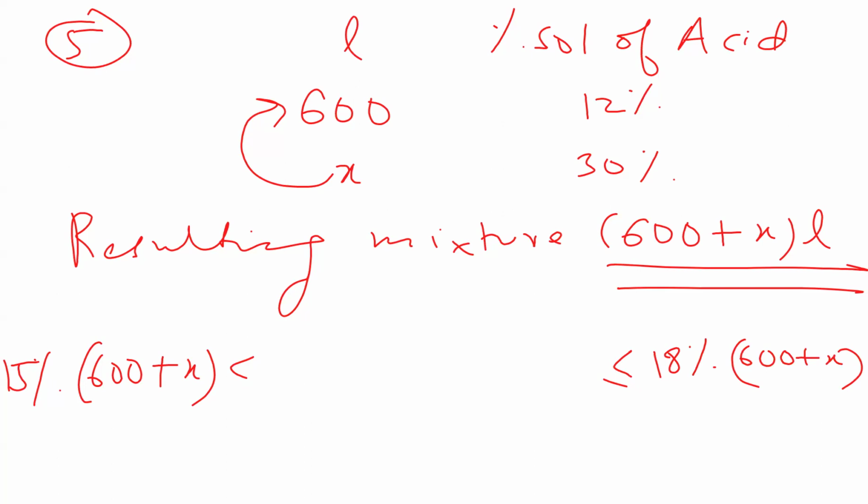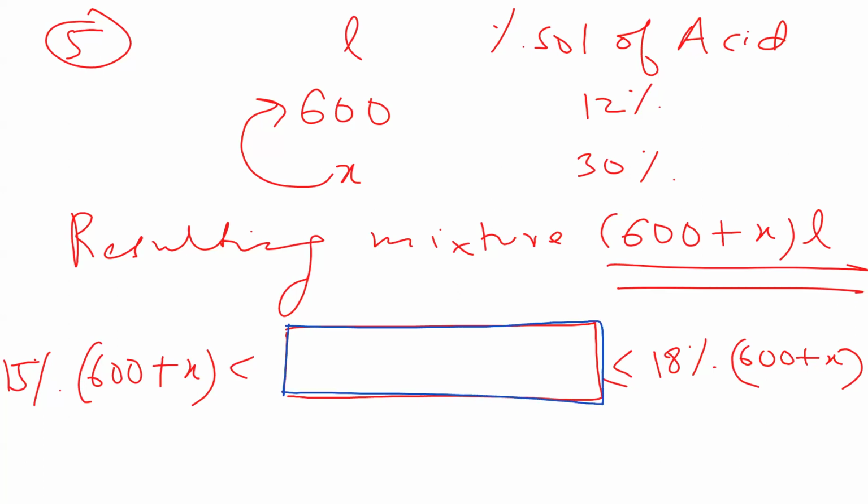Now the between value is very critical. 12% of 600 was the initial percentage of acid concentration with us, plus 30% of x.